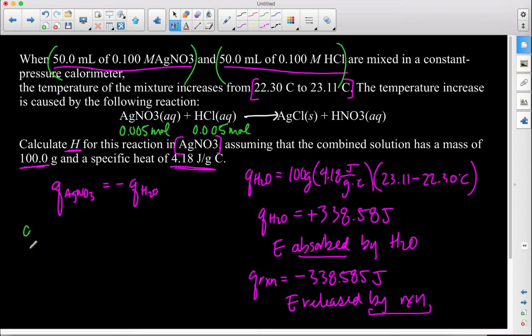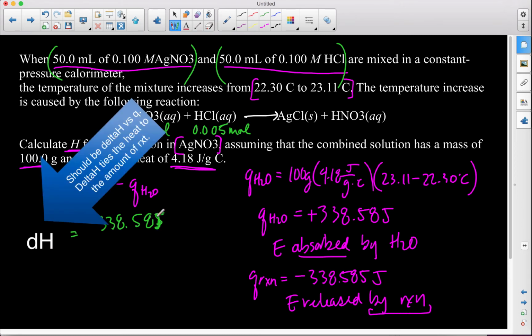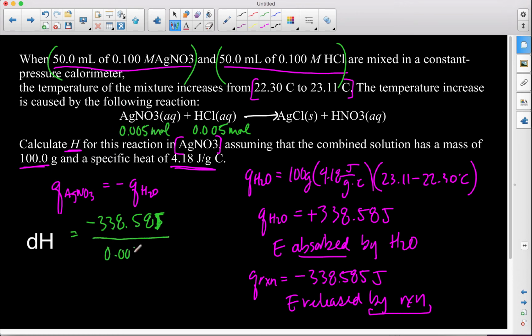So now, in order to find the Q as it relates to AgNO3, we're going to take our negative 338.585. I think it's just supposed to be 58 joules, yes. And we're going to divide that by 0.005 moles of AgNO3, okay?